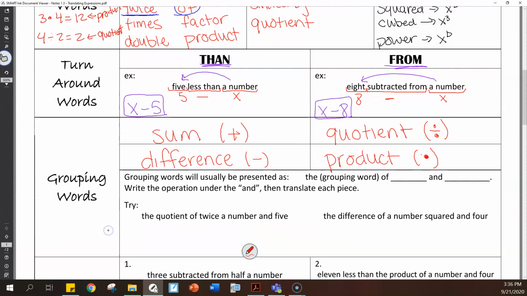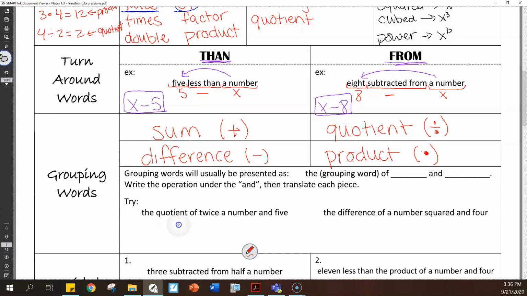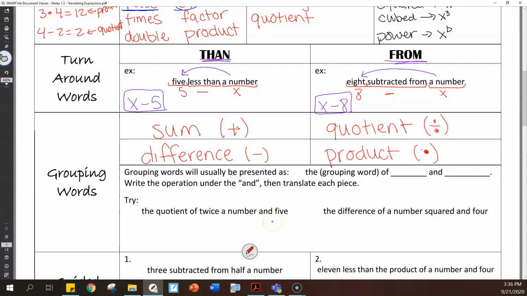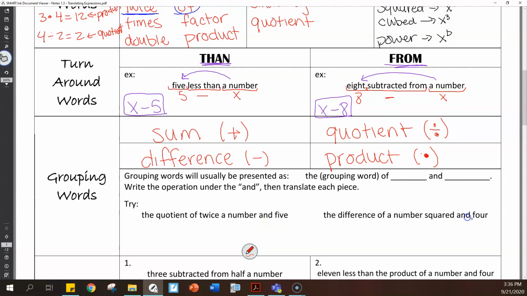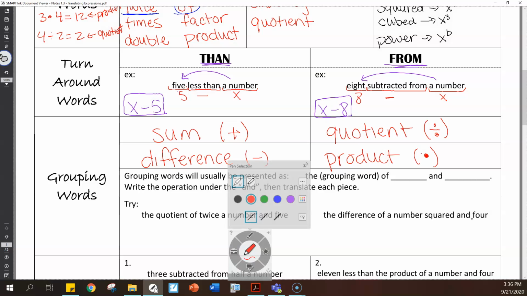Grouping words are usually presented as the grouping word of this thing and this thing. So the quotient of this and this, the difference of this thing and that thing. So one way that we can really make sure that we're using these grouping words correctly is to break this into pieces.